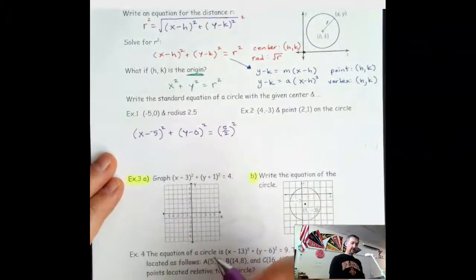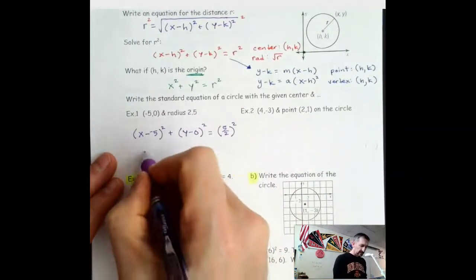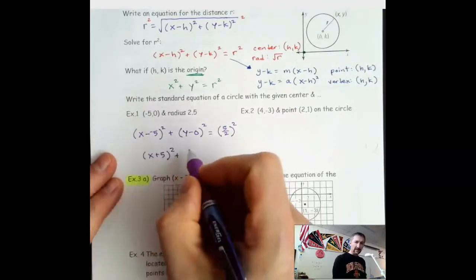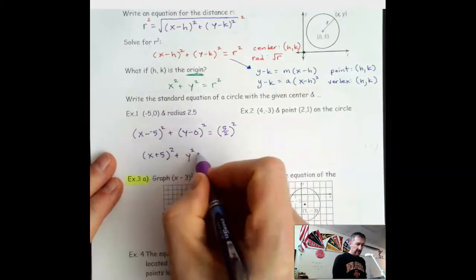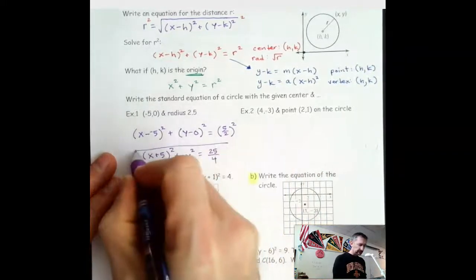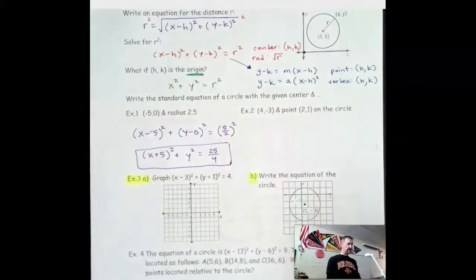I think it's easier to square that. So this is going to be x plus 5 squared plus y squared, and that's going to be 25 over 4. You don't have to do it as a fraction. I just think that that is easier.